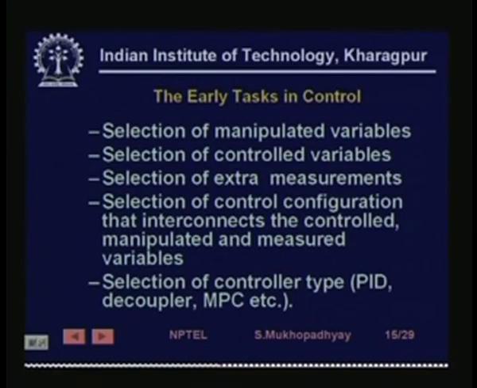And selection of controller types, whether you are going to use a set of single loop controllers, or multivariable controllers, or a set of single variable controllers with a decoupler. All these choices need to be made, and only after that, once you have selected these, will come the question of the control loop design, which we pay so much attention to. So, that comes at a much later stage. This is something I wanted to mention.